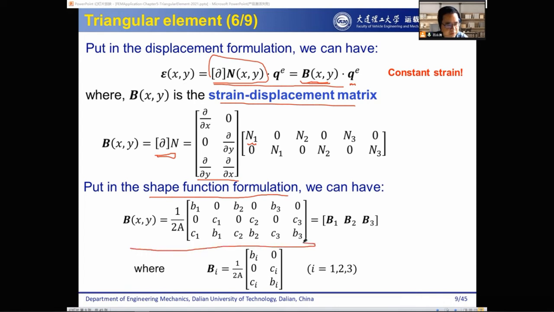This is important. If you look at the B matrix, you will know there's no variable here. It's all coefficients, it's all constants. So if you look at this equation, the B matrix is a constant, and then this is the node displacement matrix.